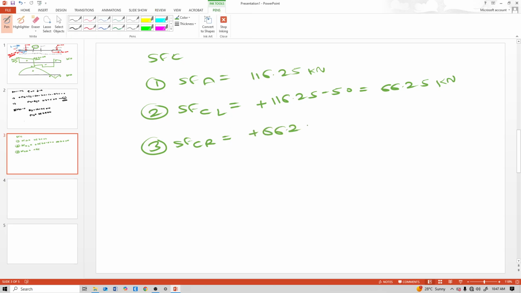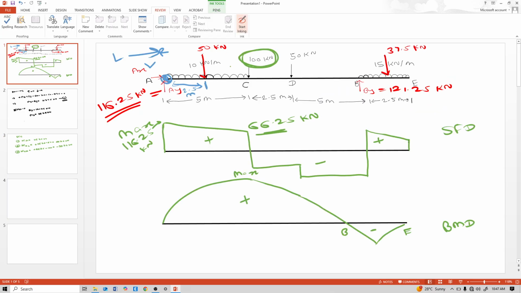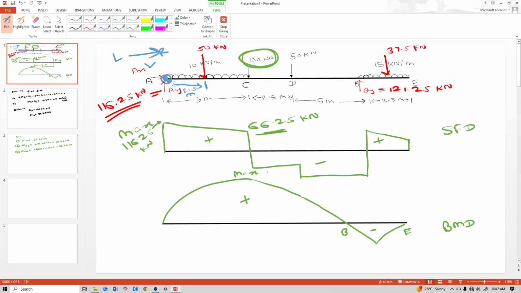So 66.25 minus 100 is minus 33.75 kilonewton. So our judgmental SFD is correct. Here it is 33.75.